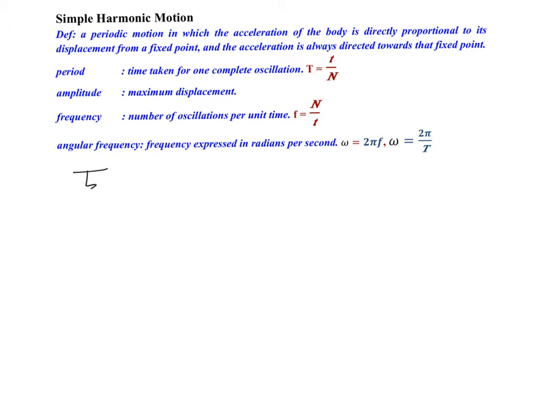Let's say we start off with a spring which is not loaded yet, and we say the original length of the spring is L. And what we do then is we hang a small mass, so it will stretch a little bit. All right, so let's say the weight here is mg, and let's say now the extension of the spring is e.